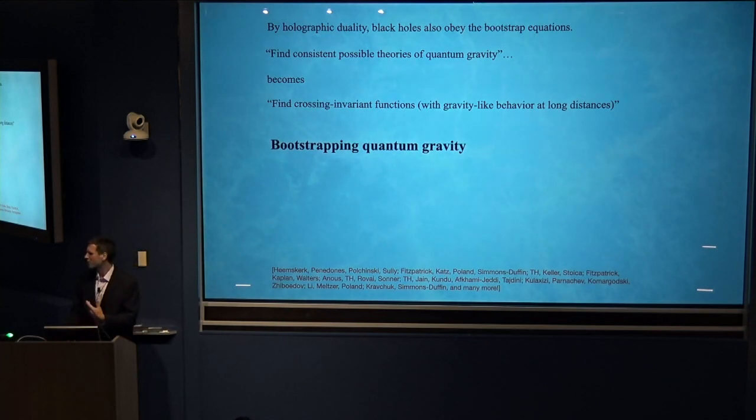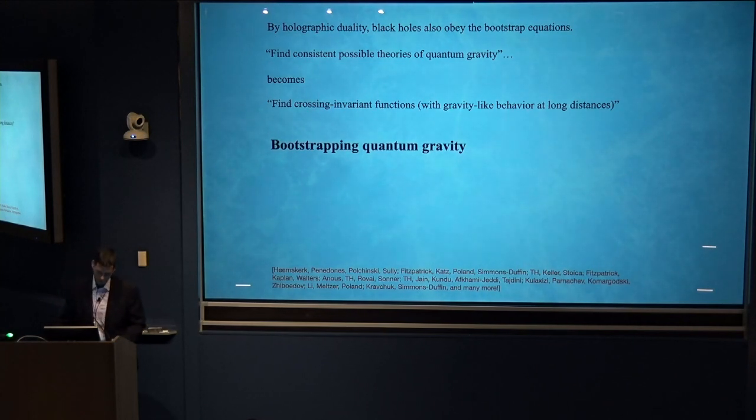There are some other inputs that you have to impose, which I won't go into, but that amount to asking for the right physical properties in order to have black holes. And this has led to a research program of bootstrapping quantum gravity, of approaching the problem of quantum gravity through these bootstrap methods.